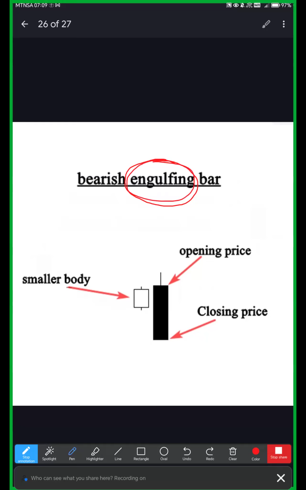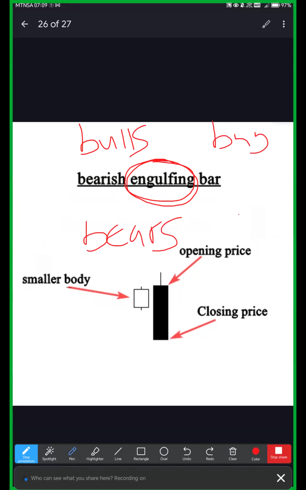Remember, when I started the training with you, I told you that there are two forces in the market. There are two powers in the market: the bulls and the bears. If you remember very well, I shared with you from the beginning. I spoke about buyers. I spoke about sellers.